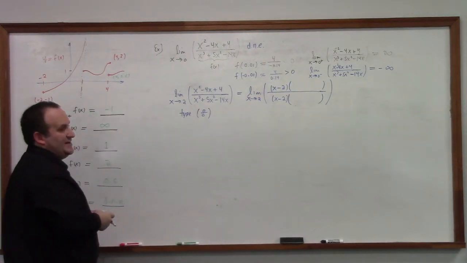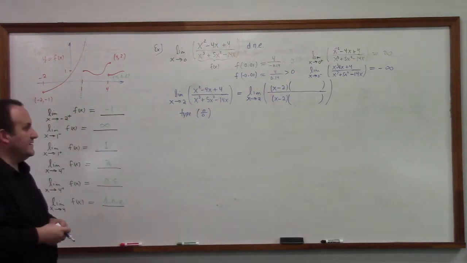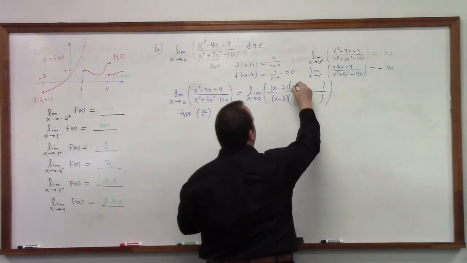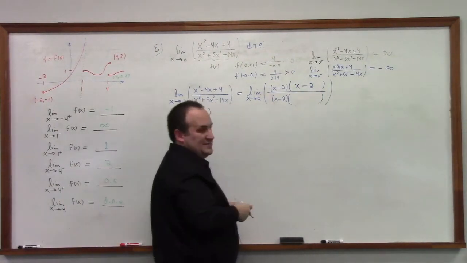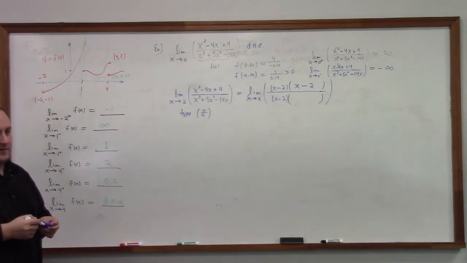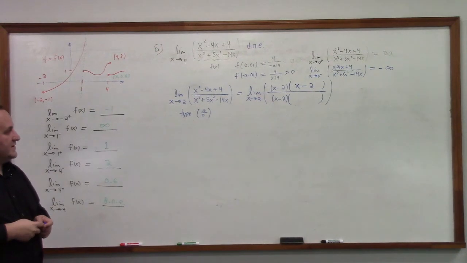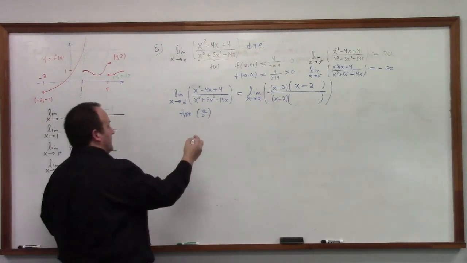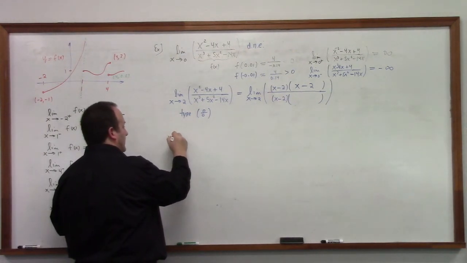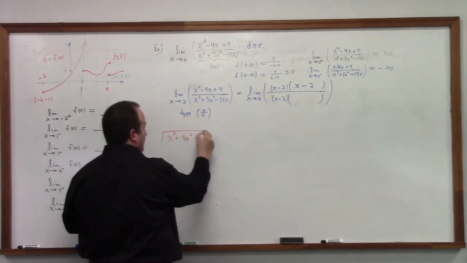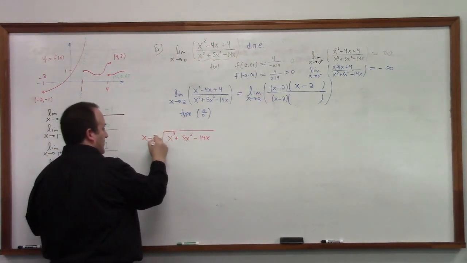Upstairs, I can just look at it and do it, right? That's x minus 2 times x minus 2, just plain old factoring. Can you see how to factor x minus 2 out of a cubic? Let me remind you, we have a technique for this. If we take x cubed plus 5x squared minus 14x, and we want to divide x minus 2 out of it, we can use long division.